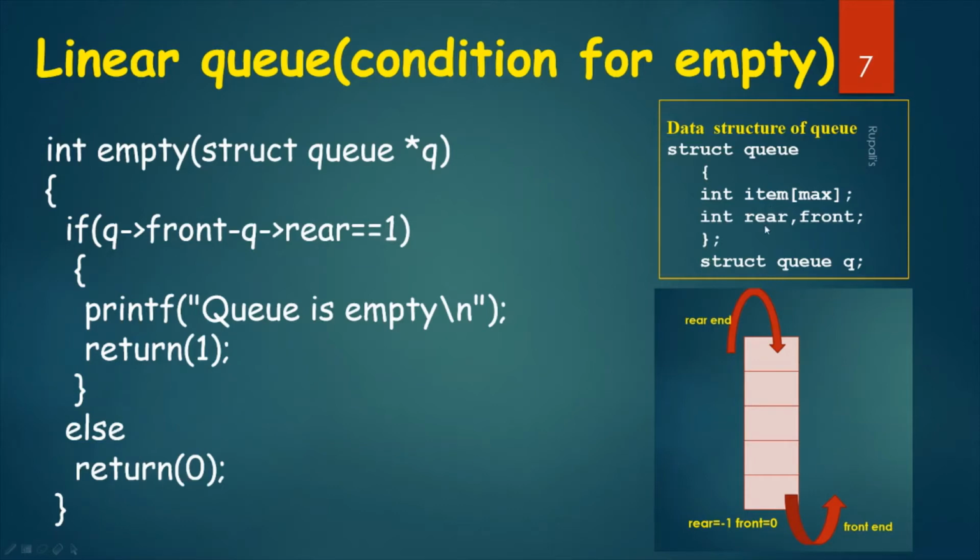Now this rear and front, these two integer variables are members of this structure, so I can't directly access them. To access these, you have to use the arrow operator because we are sending the address of this structure. So q arrow front minus q arrow rear is 1, then our queue is empty, otherwise our queue is not empty.